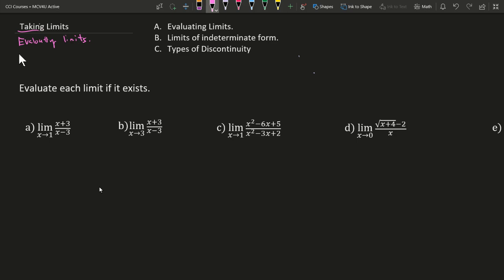It could say find the limit algebraically. It could even add the word algebraically, okay, and so forth.